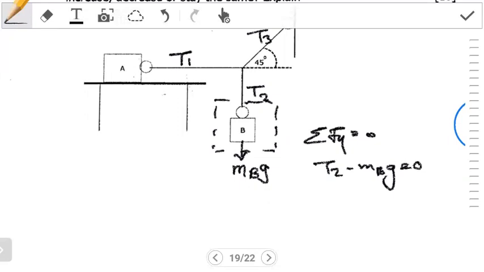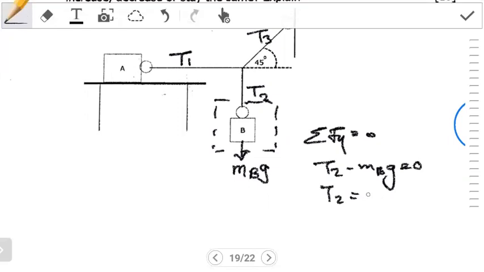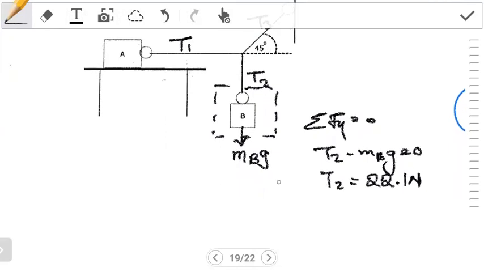So T2 is the mass of B, which is 2.25, times 9.8. This will give us 22.1 newtons. From here, we can easily work out what happens at this junction, and this will give us T1 also to be equal to 22.1 newtons.